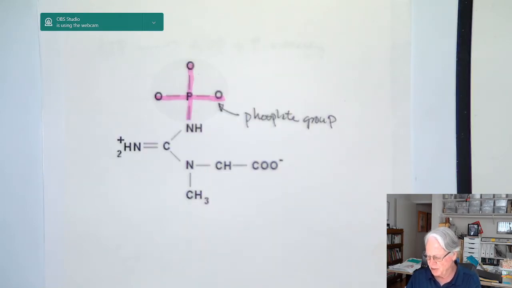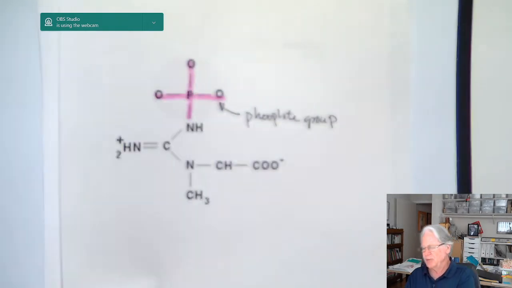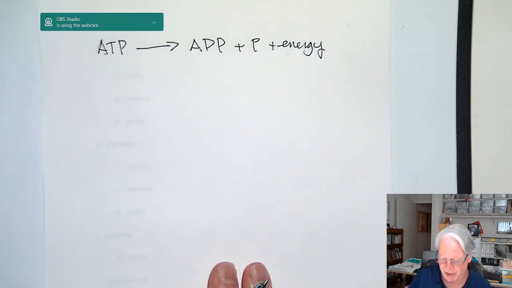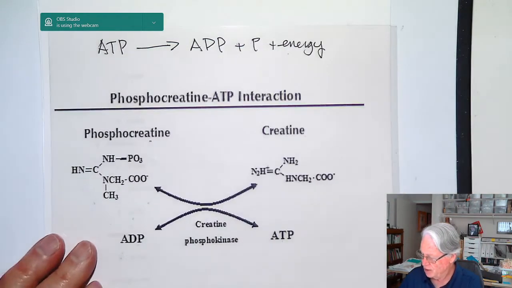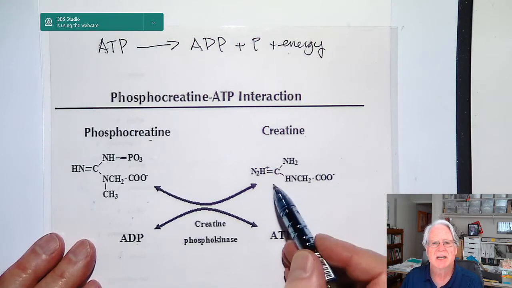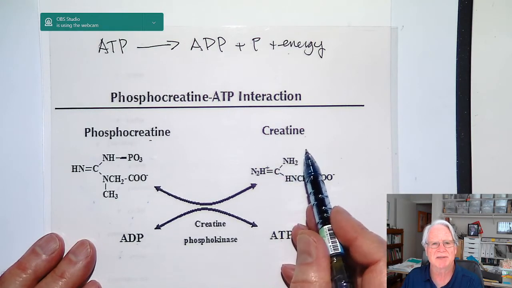So one of the things that we can do is we can take creatine, and let's see if we have a reaction here, and we do. We have an image here. So we can take creatine, and here's that molecule again without the phosphate group.